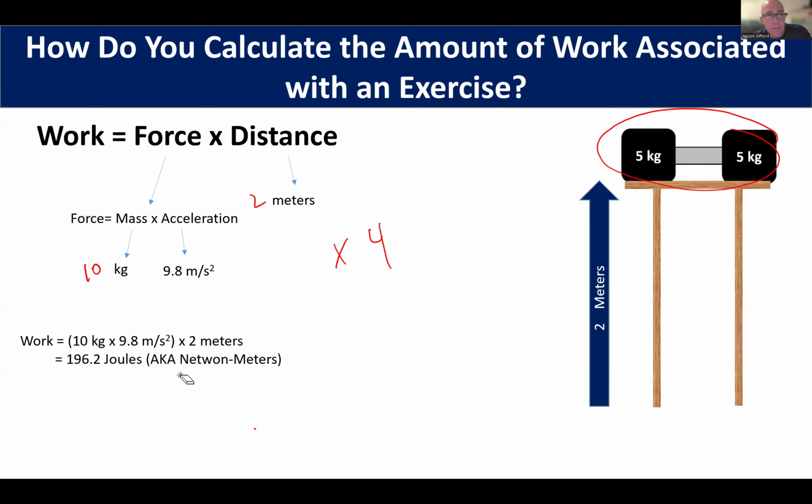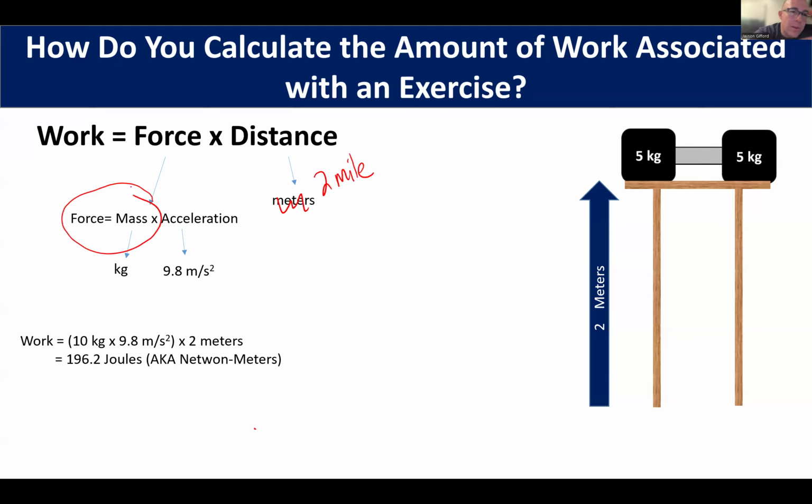So work is the product of force and distance. And for the most part, force is the weight of something that you're lifting. So let's say that you're walking up a hill or you're walking and you walk 2 miles, or yeah, we'll just say 2 miles. What is the force that we care about?